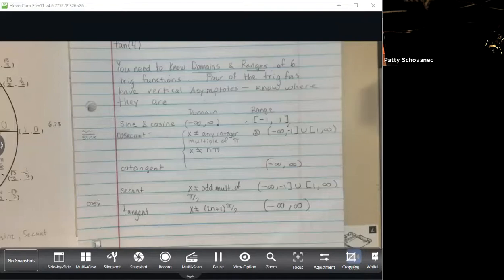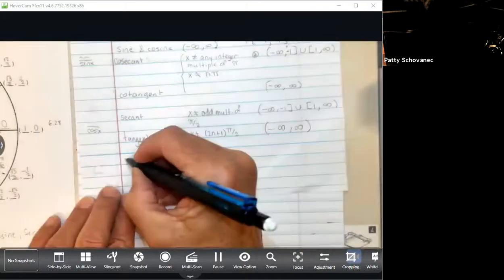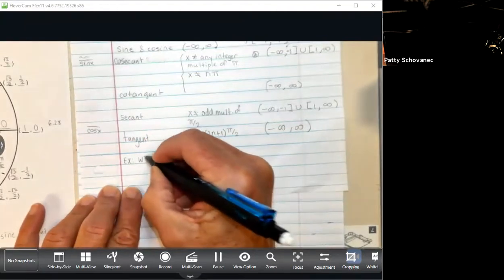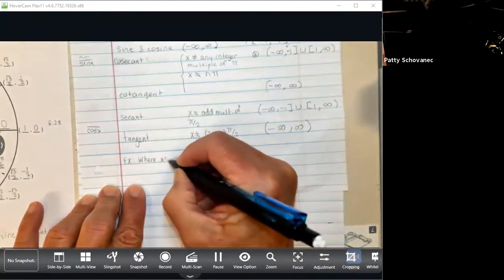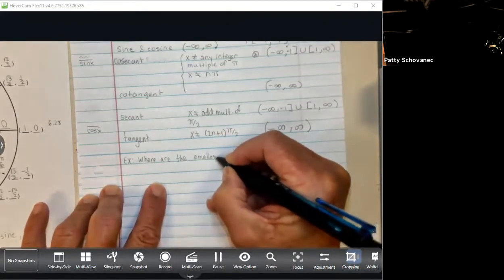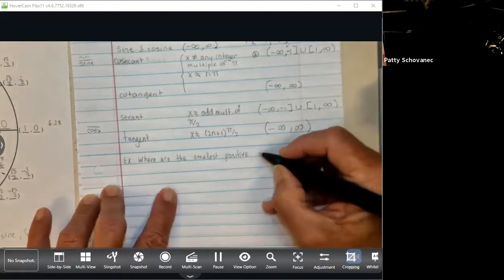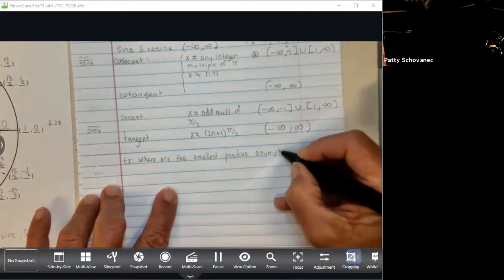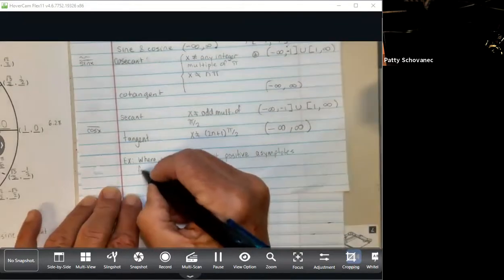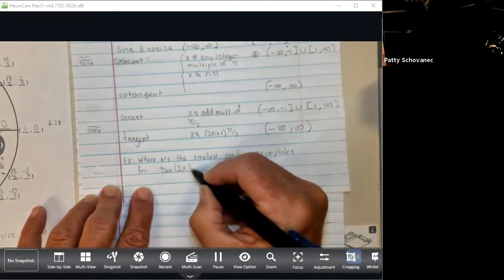All right, so if you know where the asymptotes of the tangent of x are, and I ask you something like this: where are the smallest positive asymptotes for, say, the tangent of 2x?